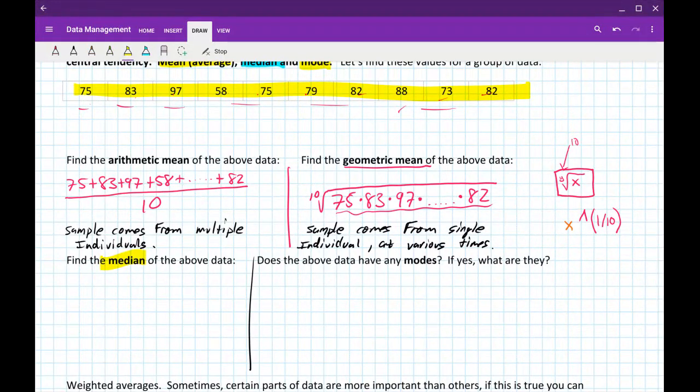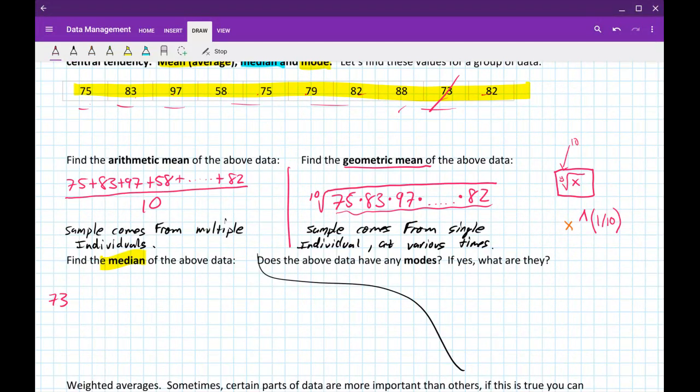I'll probably have to leave a little bit of space here. So I'm going to search for my lowest number on the list here. Here it is, 73. And I'll write it down.